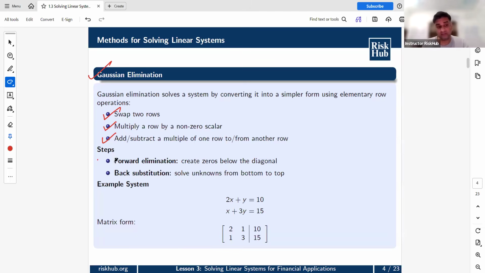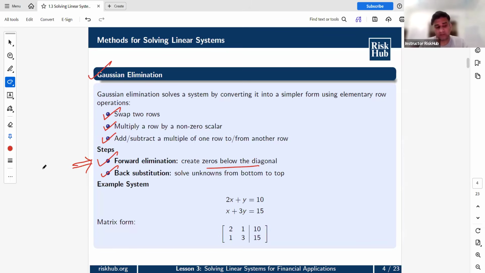And then we have forward elimination. This is what I was talking about, that you have to create zeros below the diagonal, right? That is what you have to do. You eliminate the lower left and simplify the system. Then we have back substitution, right? The simple idea is that once your triangular form is achieved, you solve the bottom variable first and then move upward, right?